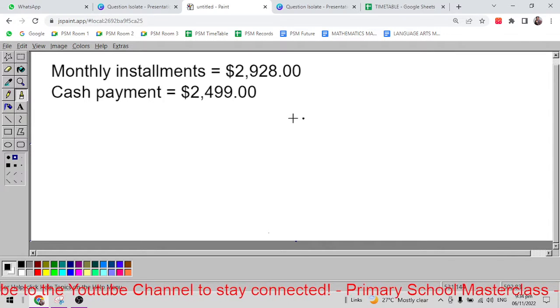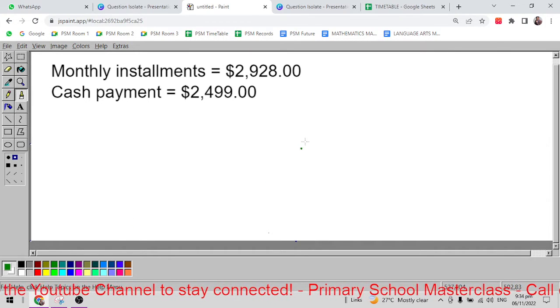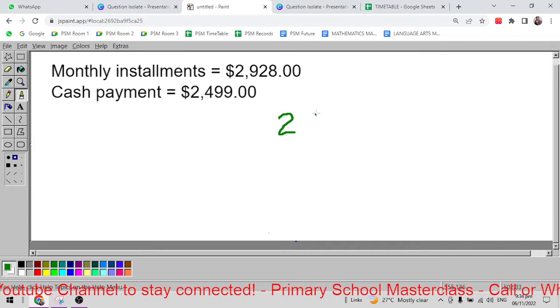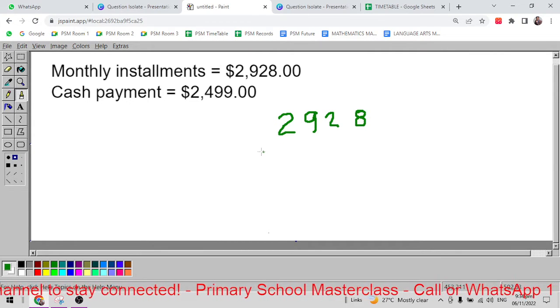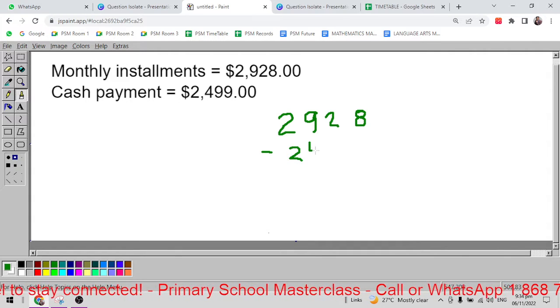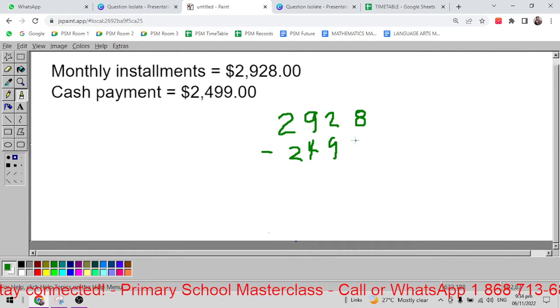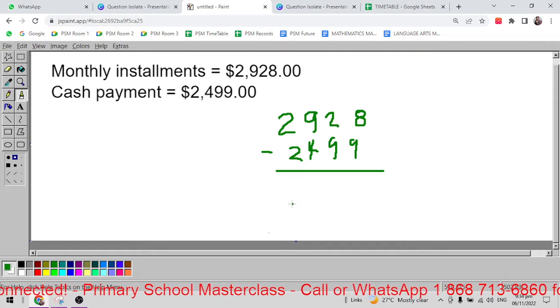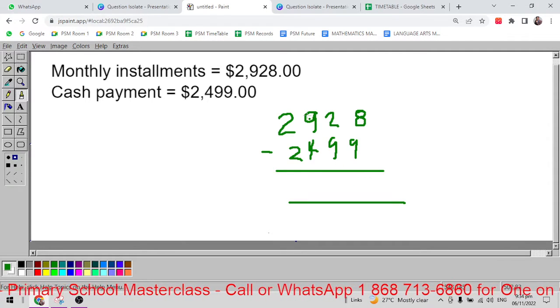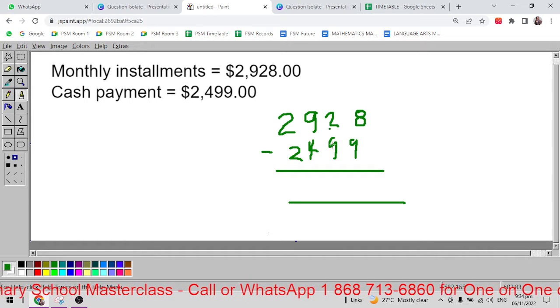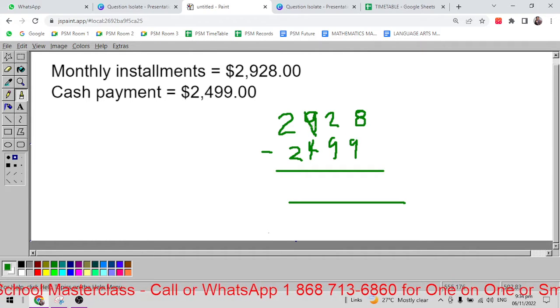So it's going to be, let's go in green, 2,928 minus 2,499. So we need to regroup here. 8 cannot take away 9, so we'll borrow.